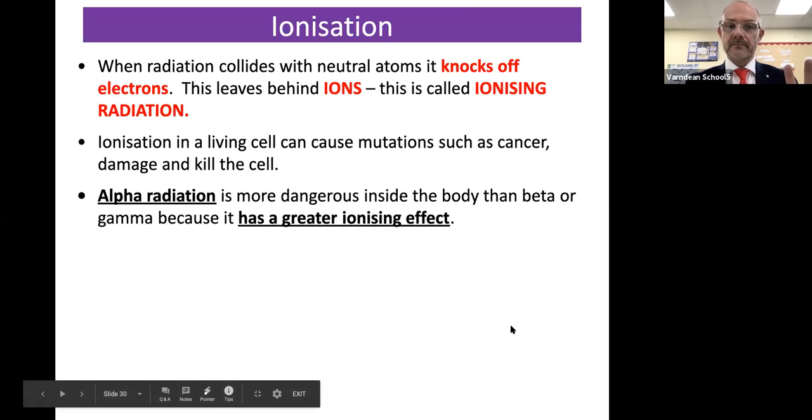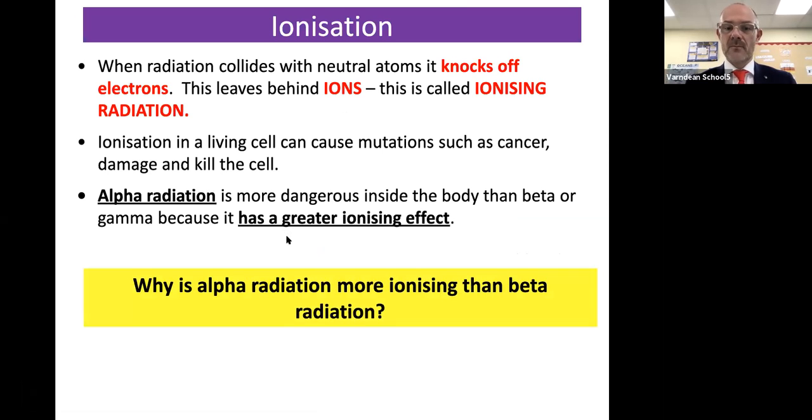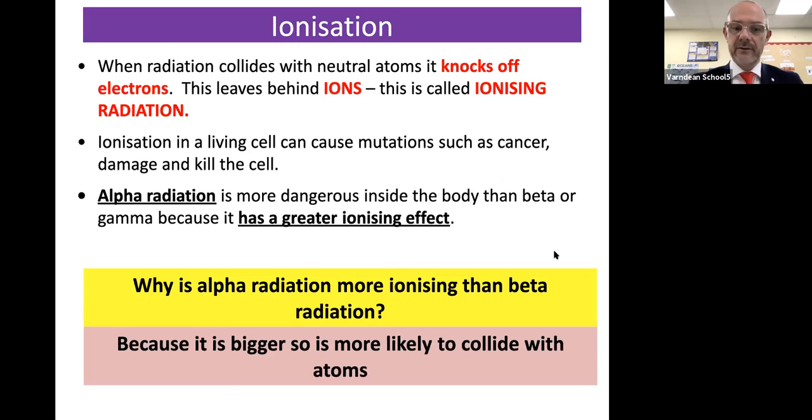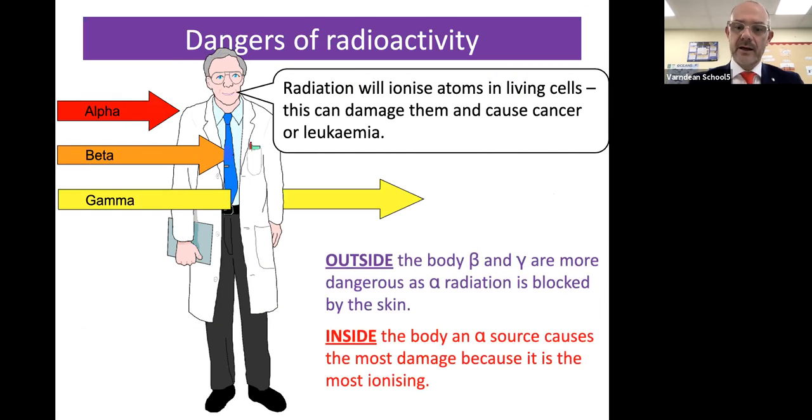Okay, so alpha radiation has the greatest ionizing effect. And gamma radiation has the least ionizing effect. Ionization is the thing that causes mutations such as cancer and can damage cells. Now, just to make sure that you've been awake during this, there's the dangers of radioactivity.